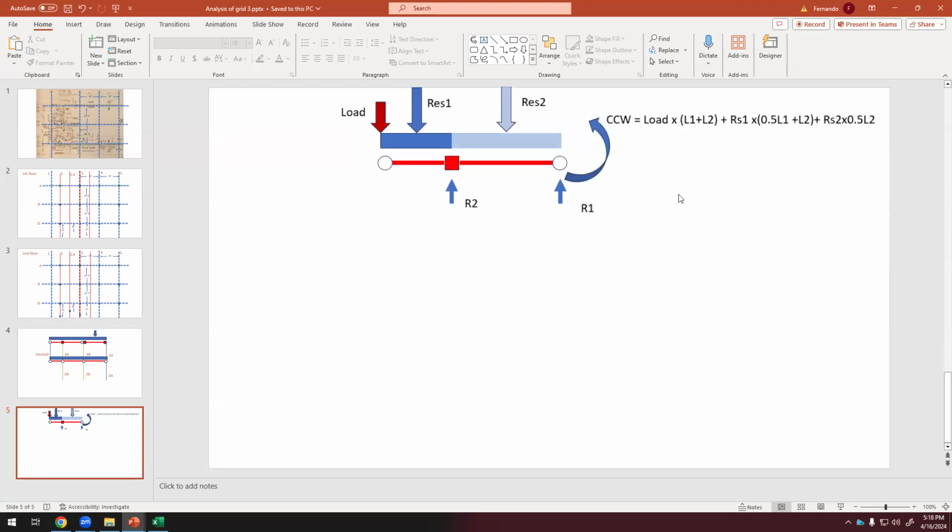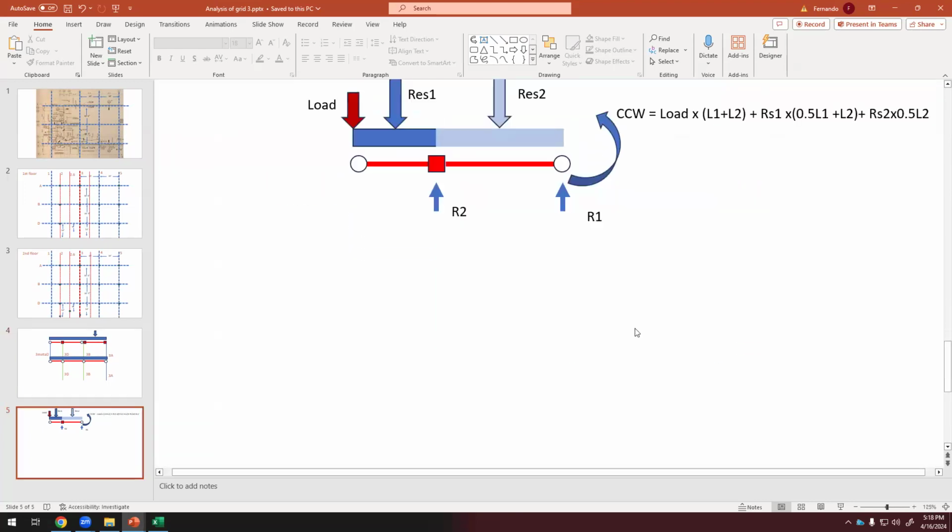Okay, so now somehow I have to turn this into Revit language. But let's do the other one first.